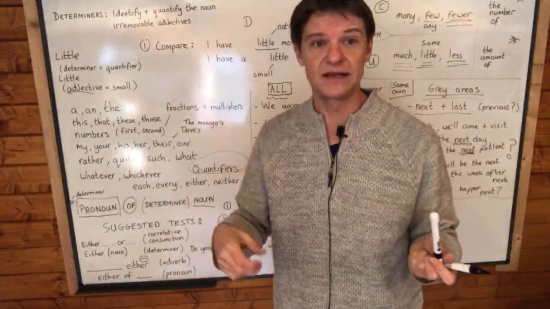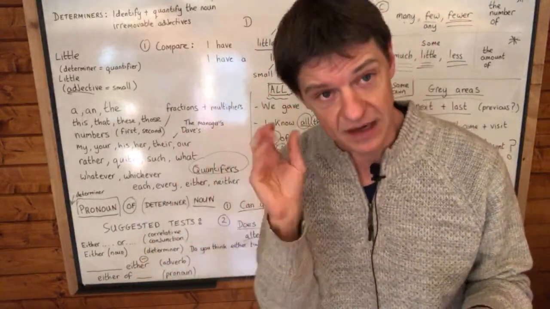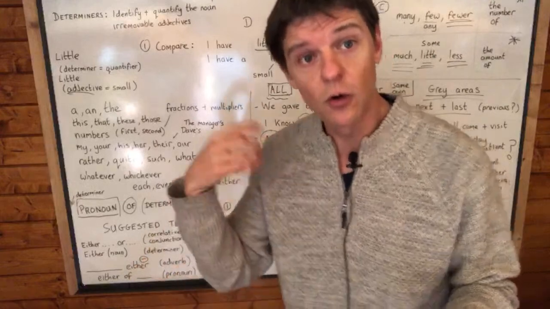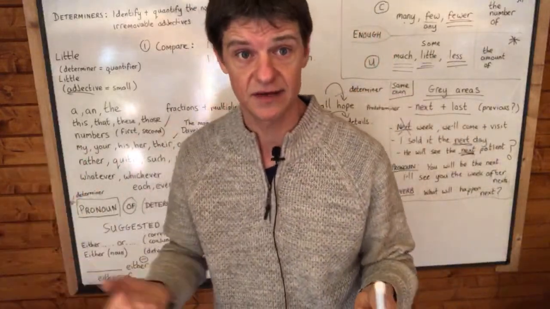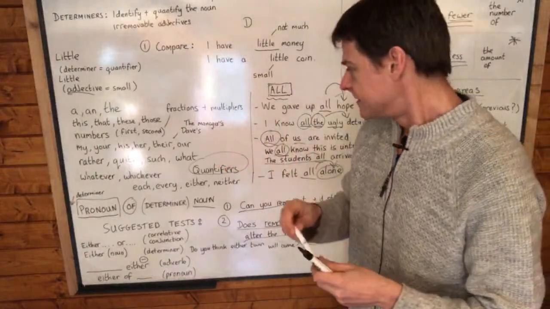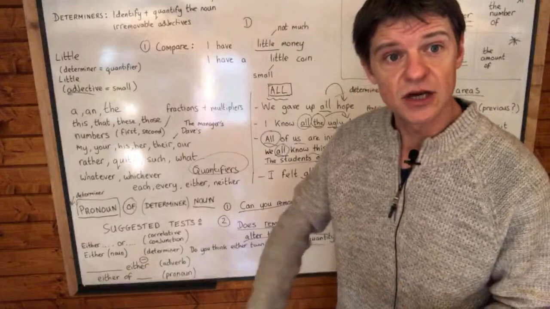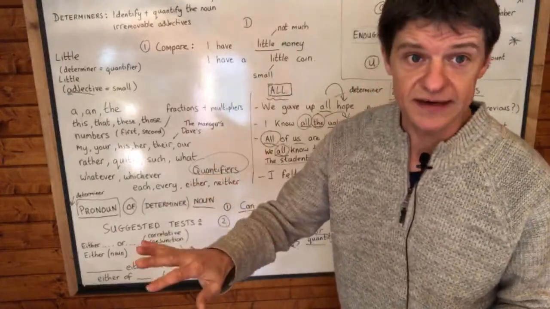I haven't seen either my mum or my dad, yeah? And then it's either noun or noun phrase. My is a determiner and mum and dad are nouns. So when you see it with an or, it's a correlative conjunction, and stick it down as a correlative conjunction.